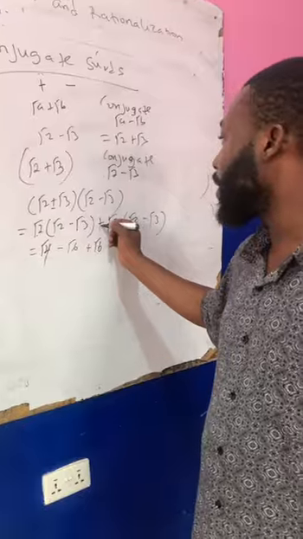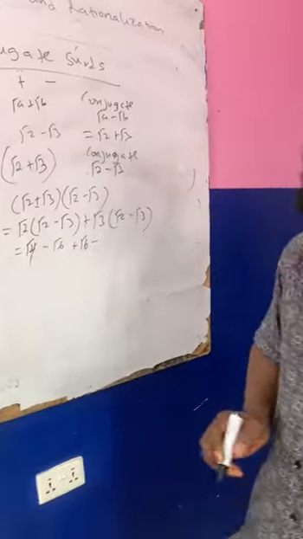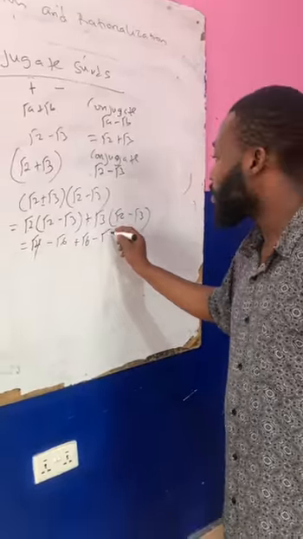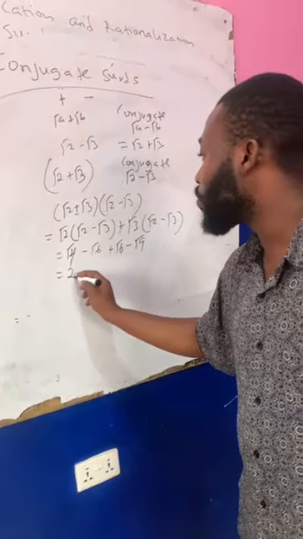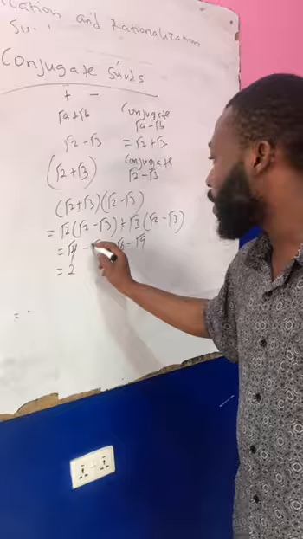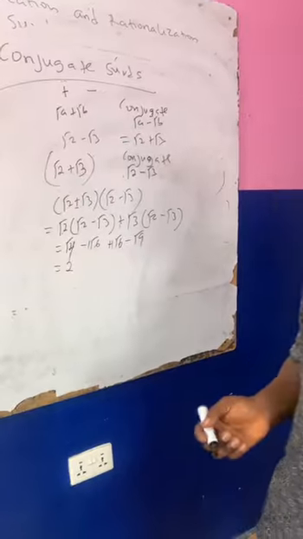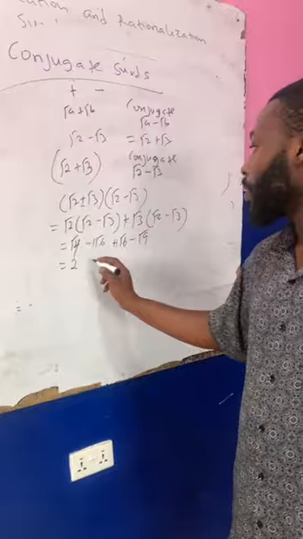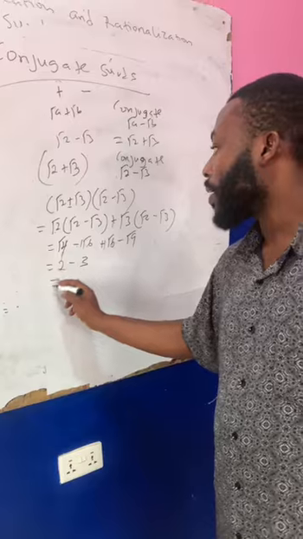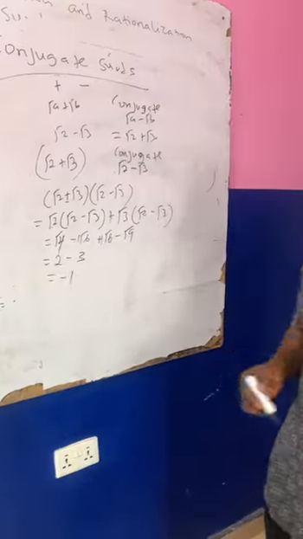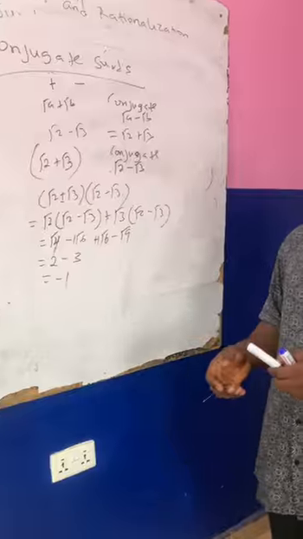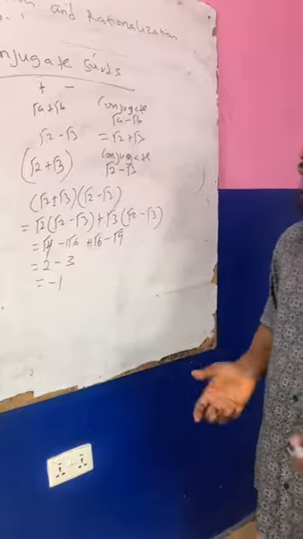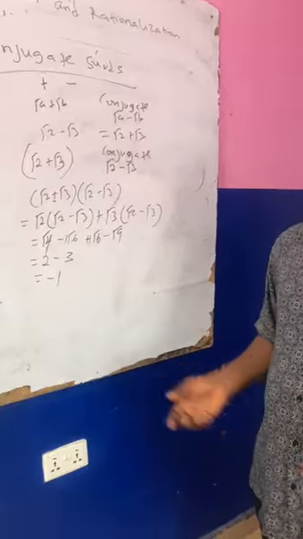Then positive times negative gives us negative, so this is going to give us square root of what? 9. Realize that we have root 6 with a negative and a positive, the coefficient here is 1, this is 1, minus 1 plus 1 will cancel out, which is 0. Root 4 is 2 and root 9 is 3, so 2 minus 3. Now, if you multiply a surd by its conjugate, it gives you an integer. Anytime you multiply a surd by its conjugate, it gives you an integer.